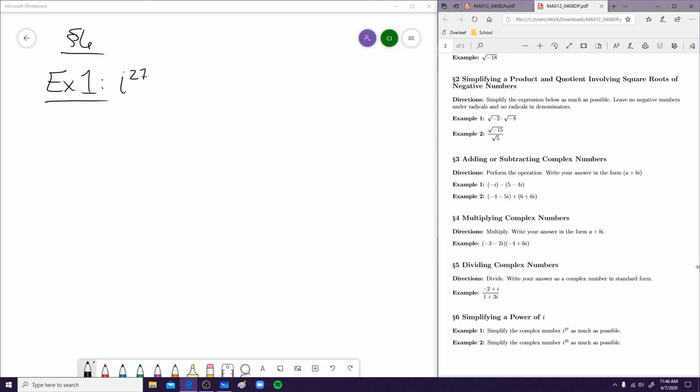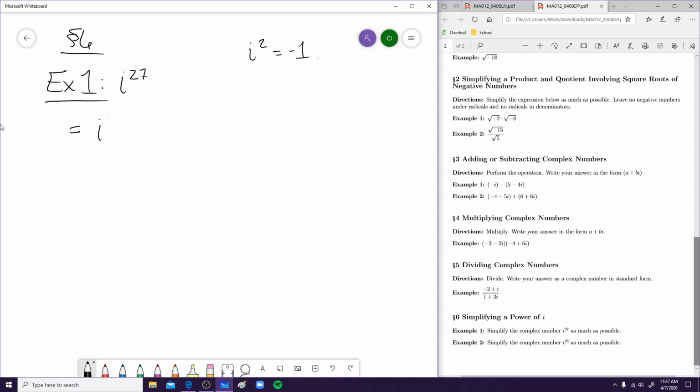So when doing this, what do we know? We know that i squared is equal to -1, right? So what are we going to do? We know that i squared is -1, so we want to rewrite this so we have an even power. So how am I going to rewrite this?